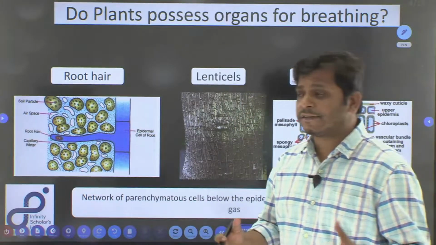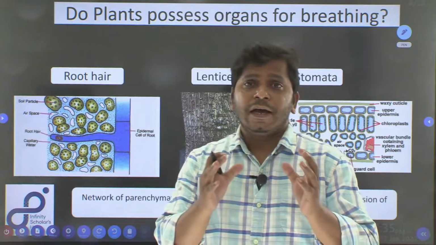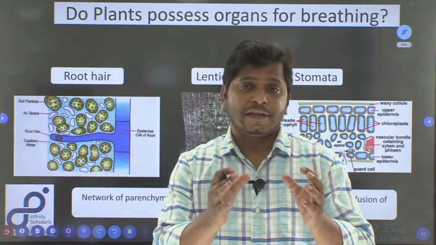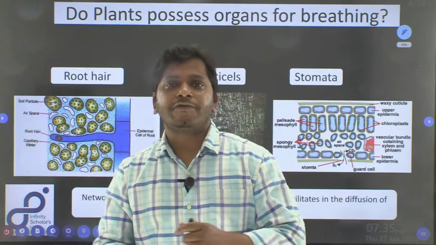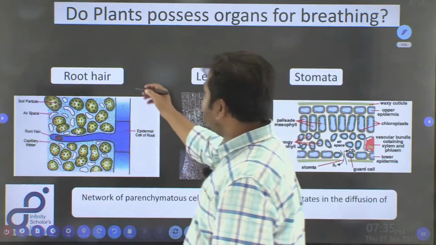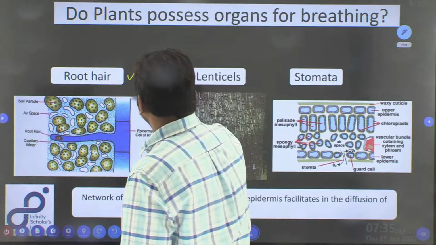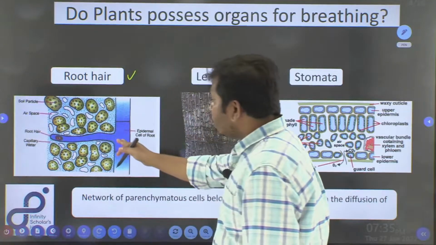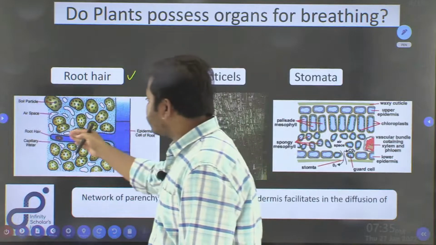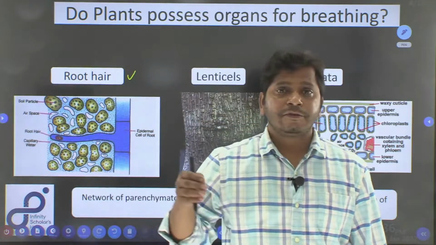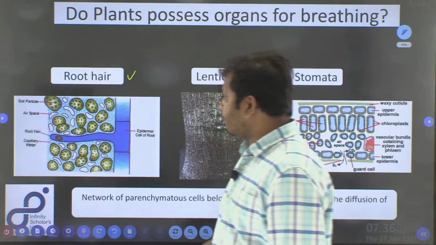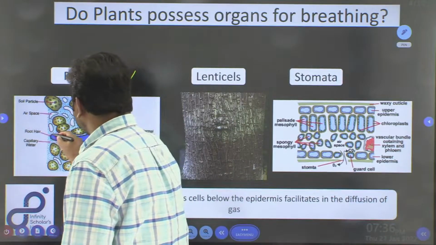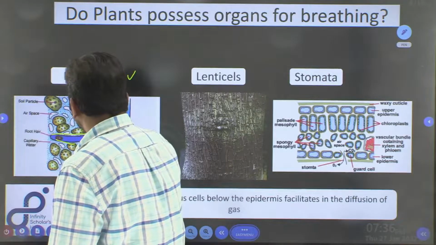Let us understand how, as they do respiration, they exchange gases with the outside atmosphere. For example, look at the case of root hairs. The root hairs of the plant are in constant touch with the soil particles present below. This is the structure of the root here, and the soil is here.